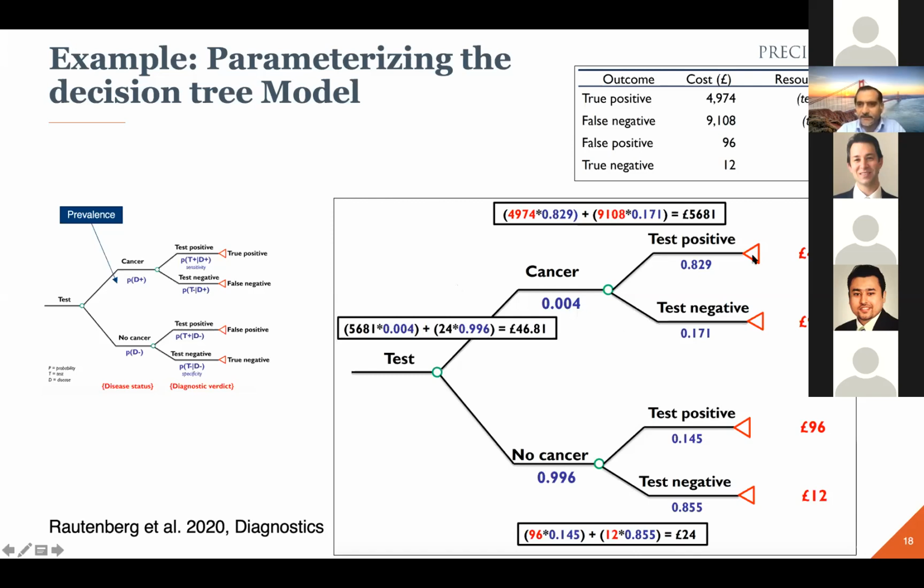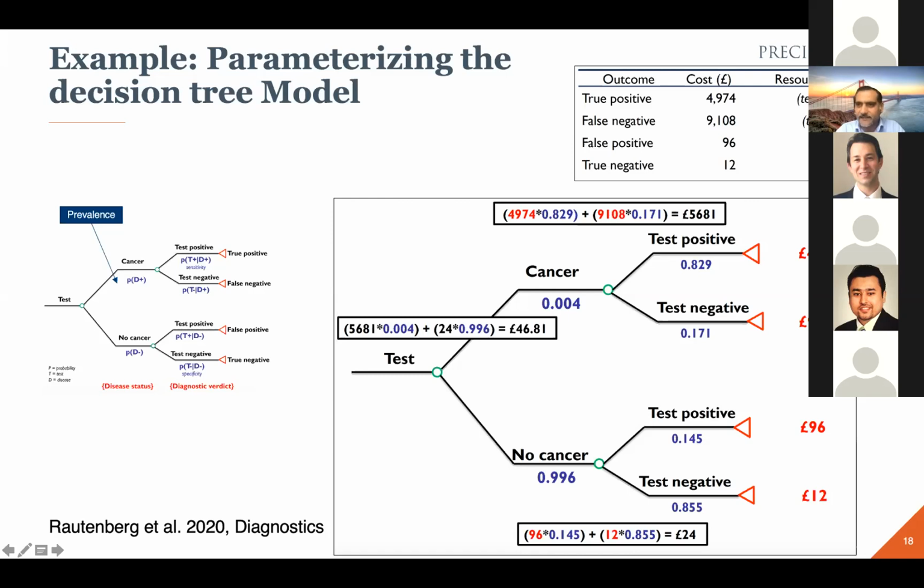And then you have the cost associated with doing a test. Now, when you say the cost, what is this cost? For example, 4974 is the total cost in this path. Well, the cost is related to the test itself, how much it costs, the assessment, the nurse time, and whether the treatment is done early or late.